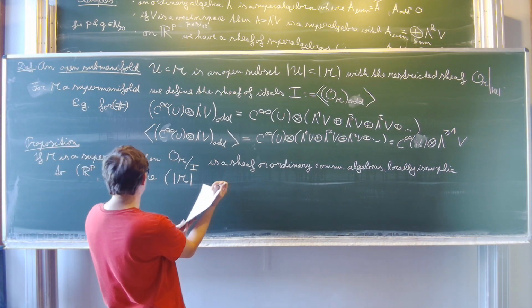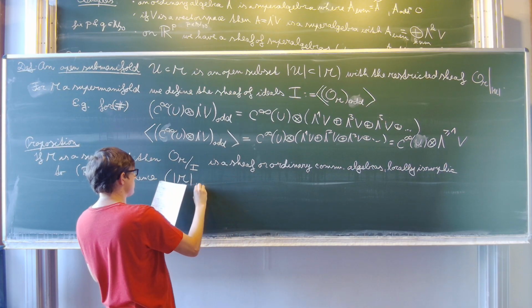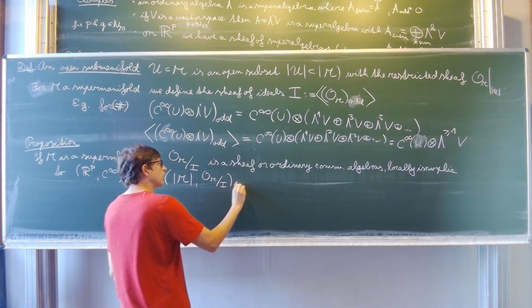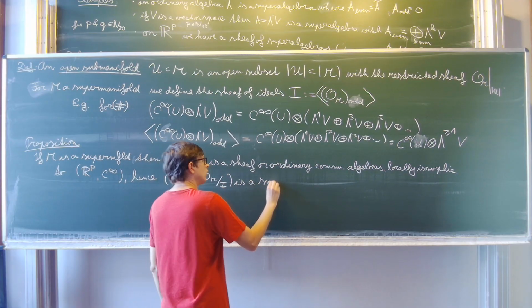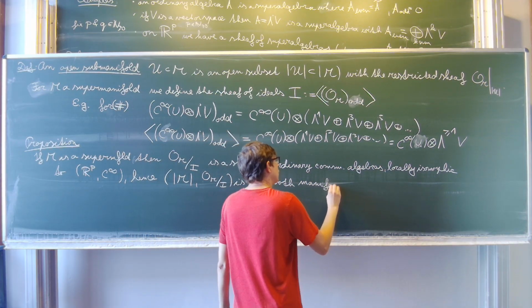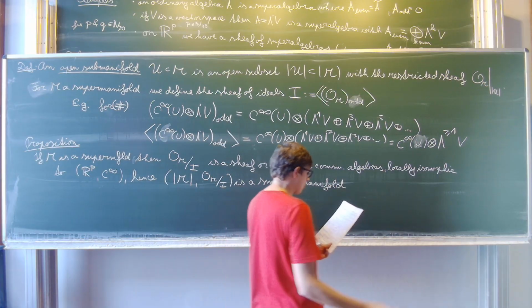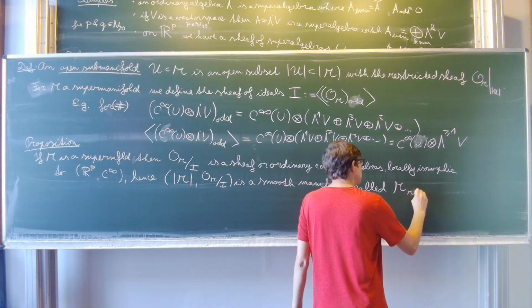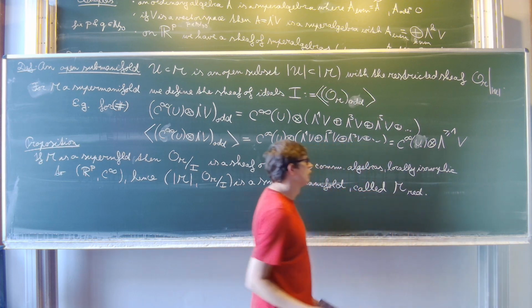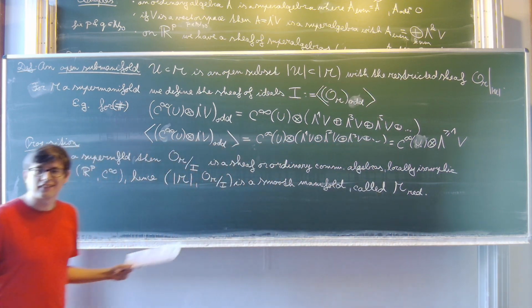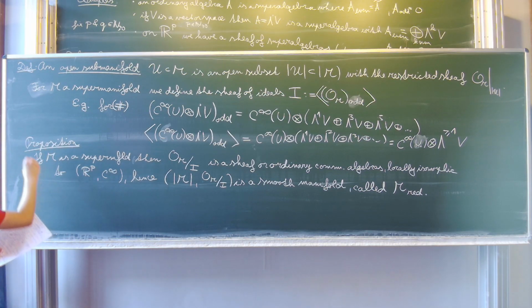So in fact, this should show you that this thing together with this quotient is a smooth manifold. Following the book that I mentioned, I will call this the reduced, or red, whichever you prefer.